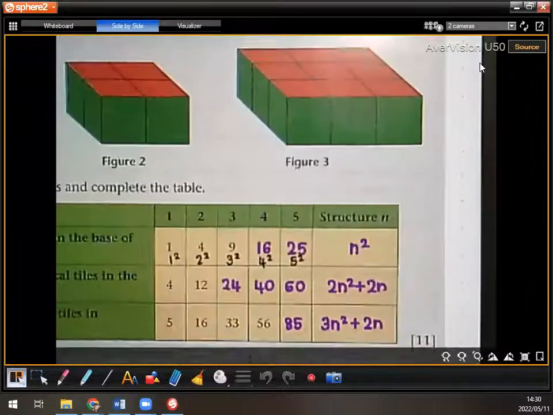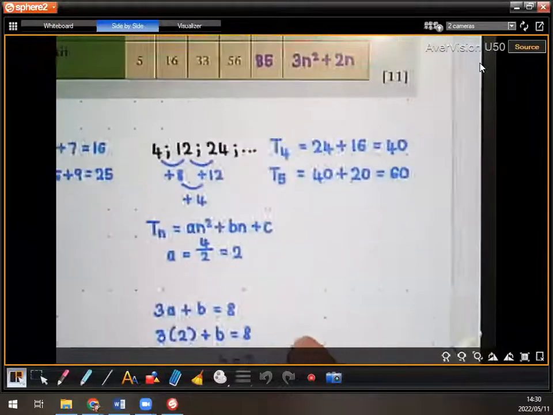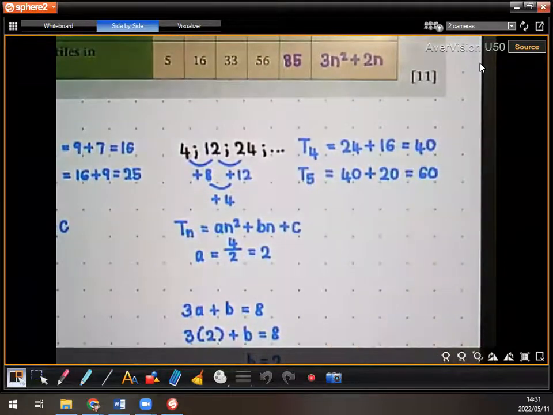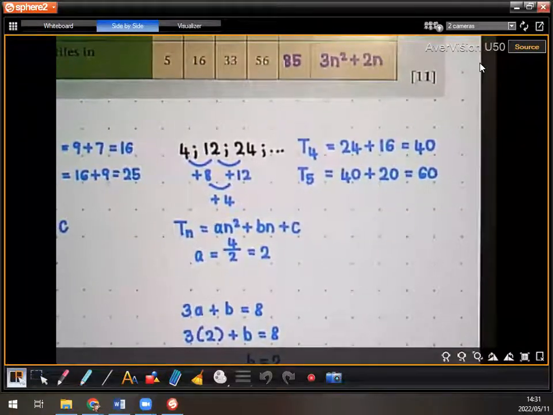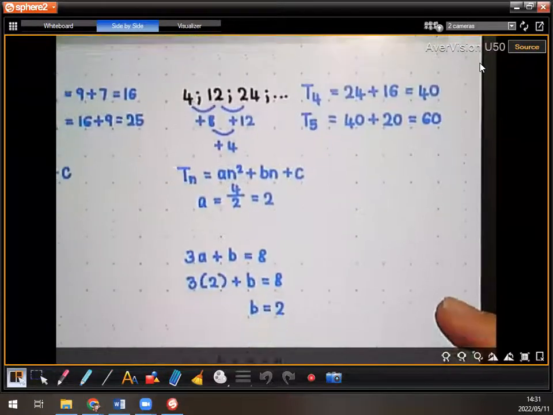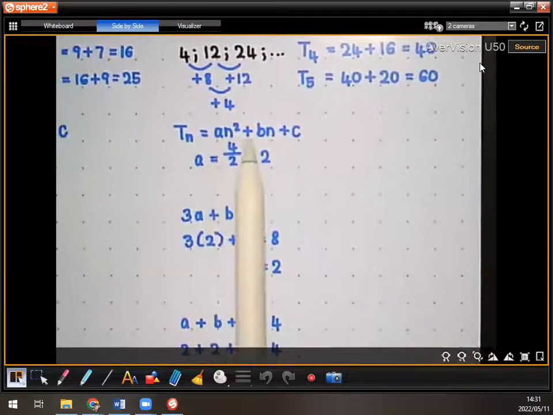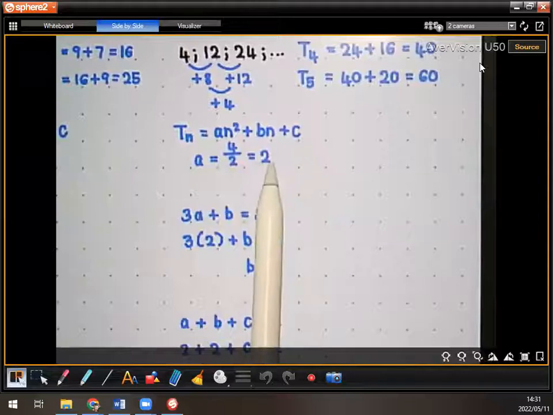And then from there, you can actually see quite nicely that it is a quadratic number pattern. So when you have your 40, you can carry on to get to your 60. And for this one, you did, I think, have to do a calculation. This one was a bit more difficult to define from the picture. So I did the normal an squared plus bn plus c thing.